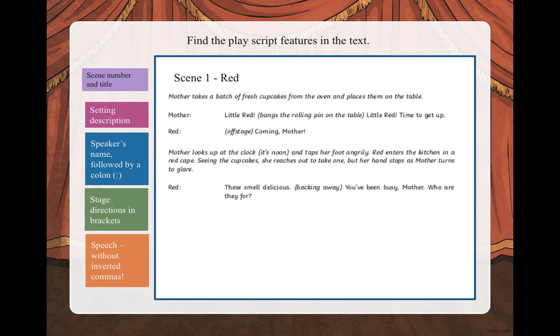Mother looks up at the clock. It's noon and taps her foot angrily. Red enters the kitchen in a red cape. Seeing the cupcakes, she reaches out to take one, but her hand stops as Mother turns to glare. Red, these smell delicious. (backing away) You've been busy, Mother. Who are they for?